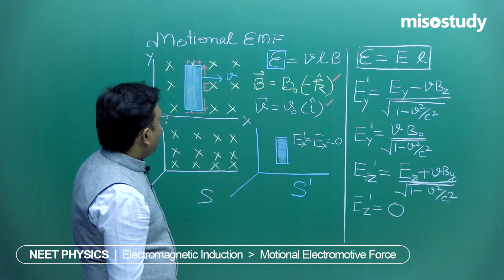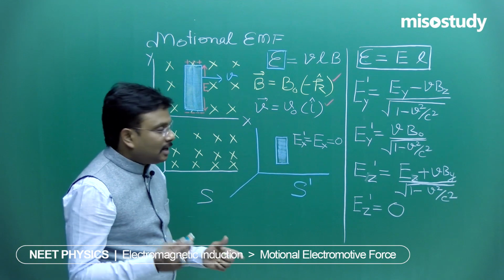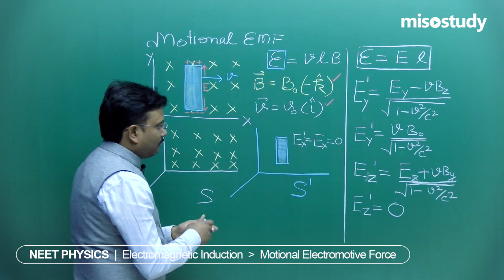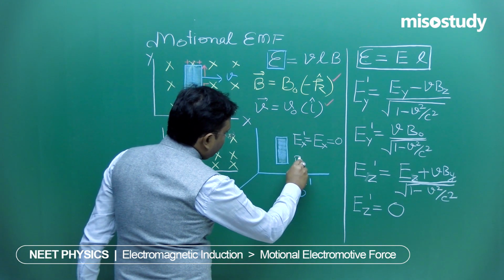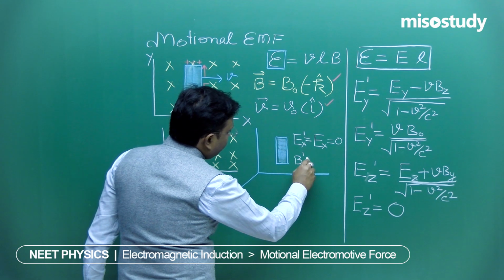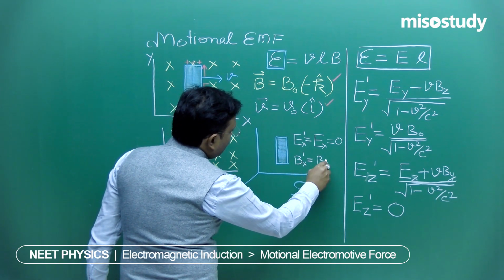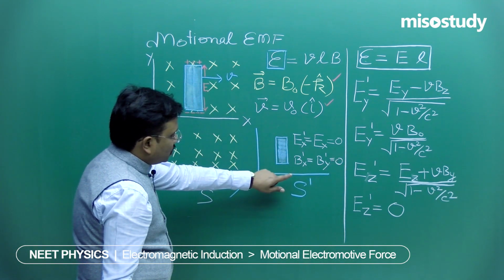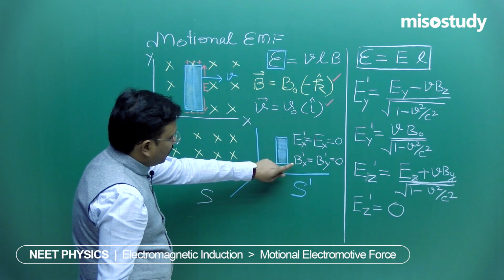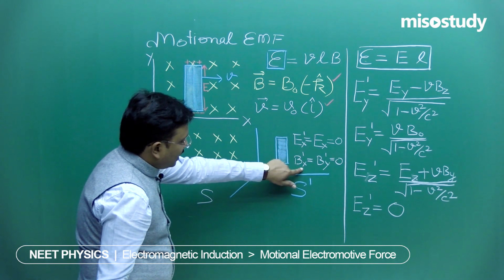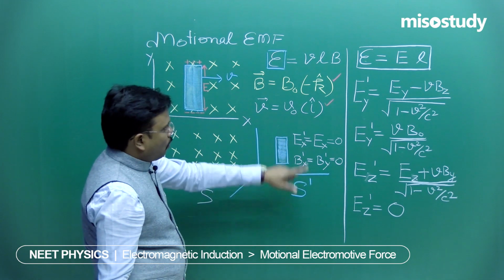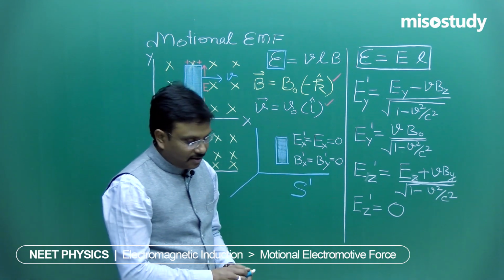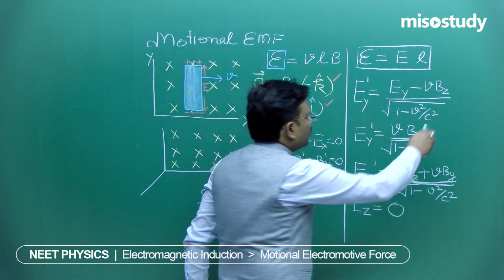Fine. Now I would like to write down the magnetic field in this reference frame. Just to make things simple for you, Bx prime is equal to By prime is equal to 0. Reason being, as such no component of magnetic field is present in the X direction and Y direction. Now for the Z direction, let me use this space itself.